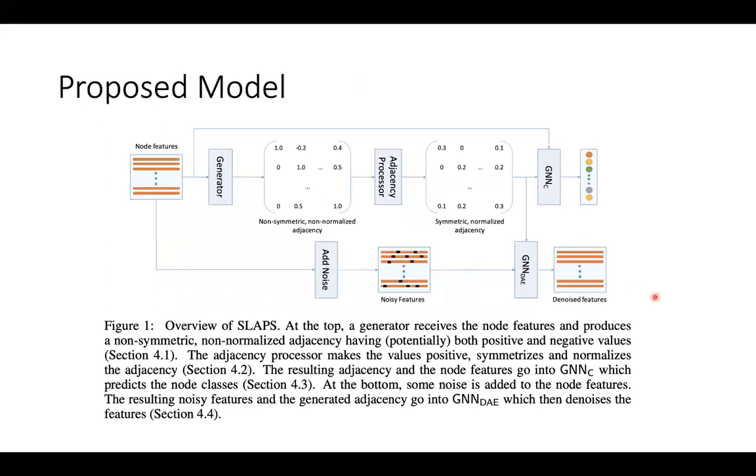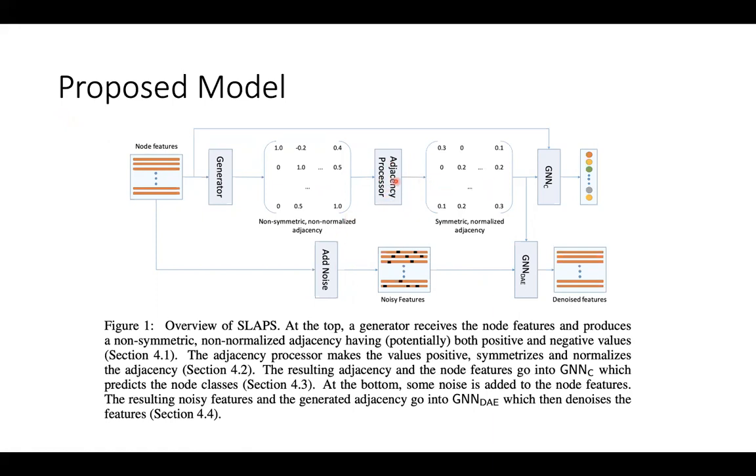So here's an overview of the proposed method. This paper is doing graph structure learning on a static graph. Given a set of node features, they first use a graph generator to generate an adjacency matrix. Such a generated adjacency matrix may not be symmetric and may not be normalized, so they pass it through an adjacency processor, which is not very important in this model.